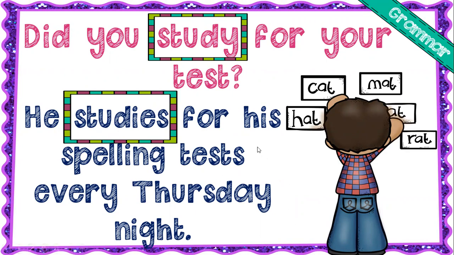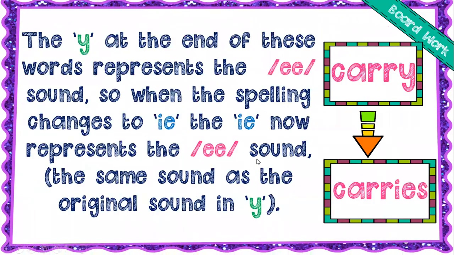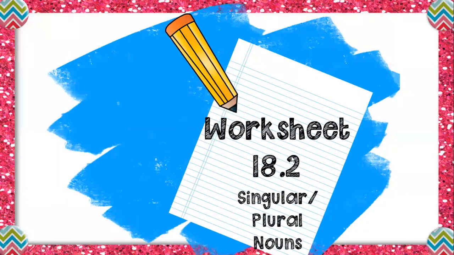So we're dropping the Y and add IES because it is a consonant Y. The Y at the end of these words represents the E sound. So when the spelling changes to the I, it now represents the E sound. So the same as the original. So carry, carries. You still hear that E.